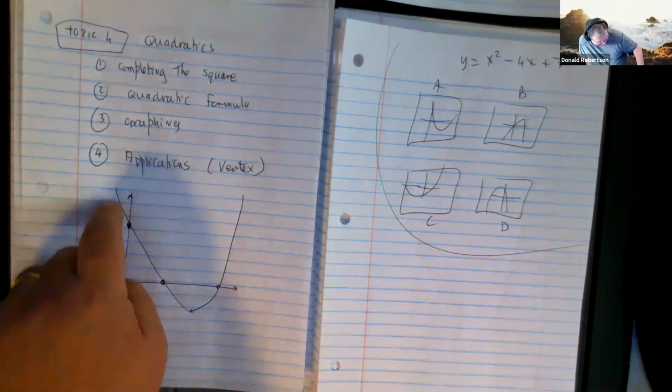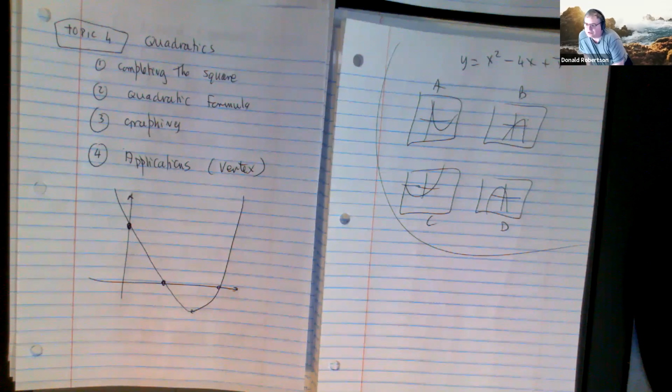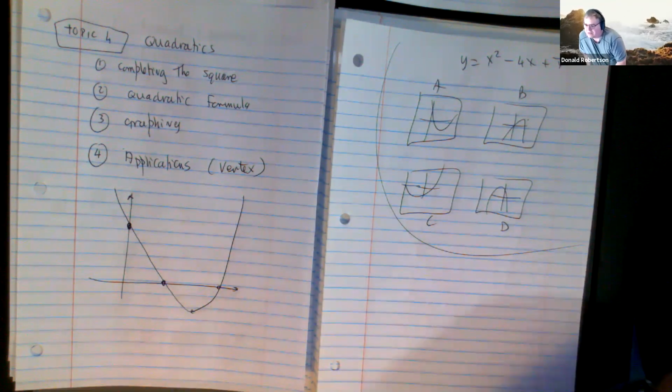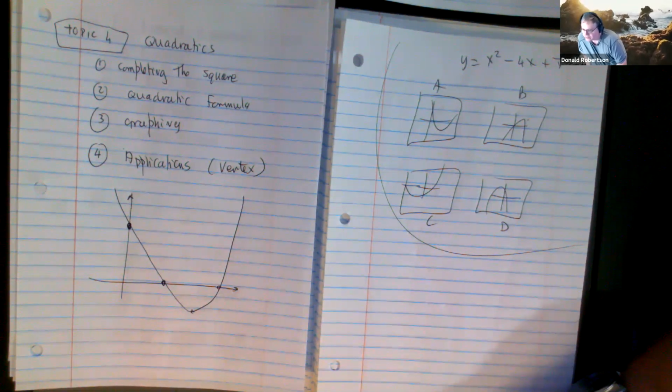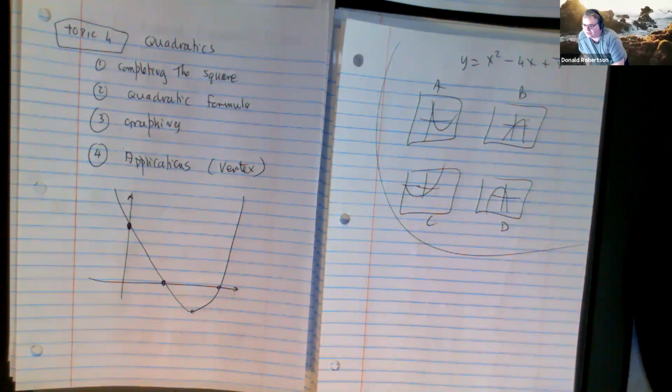Or it could be one where I ask you to tell me the x-intercepts, the y-intercepts, the coordinates of the vertex, and then I would ask you to sketch it. So it'd be like an A, B, C, D question. Question A would be, tell me the y-intercept. Question B, tell me the x-intercepts. Question C, tell me the coordinates of the vertex.